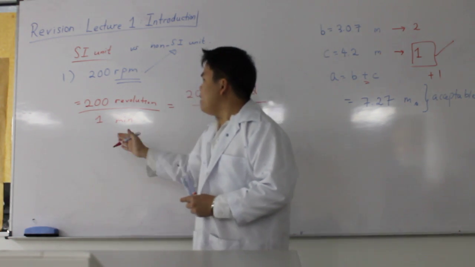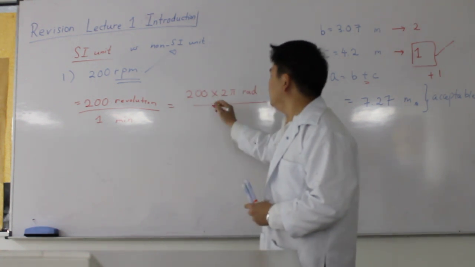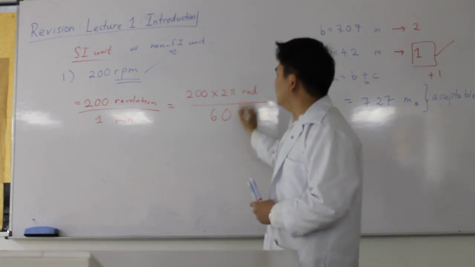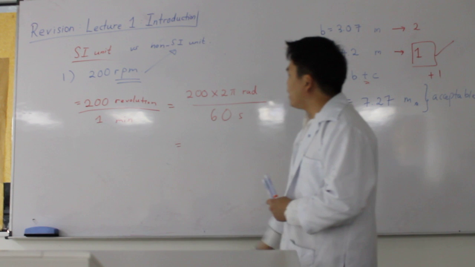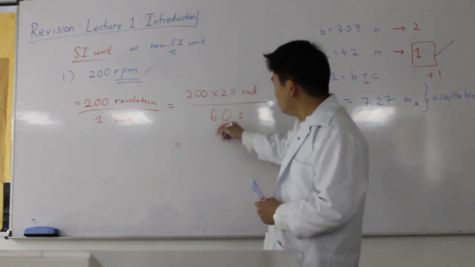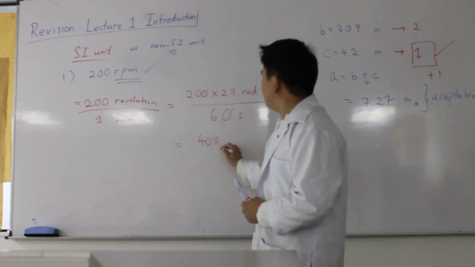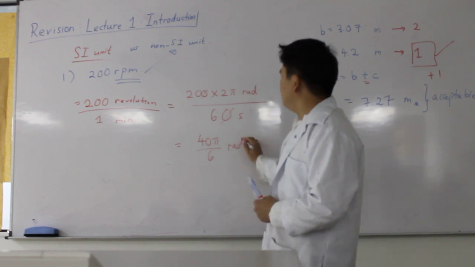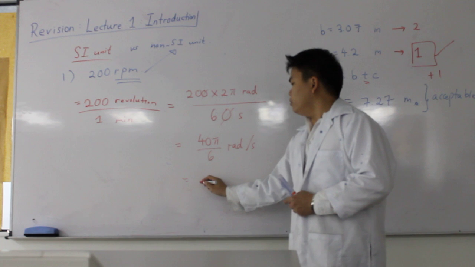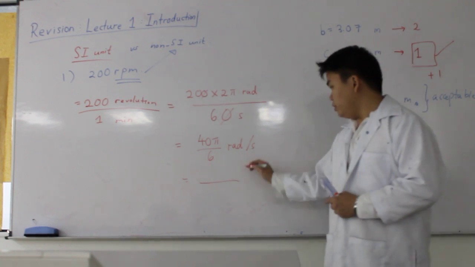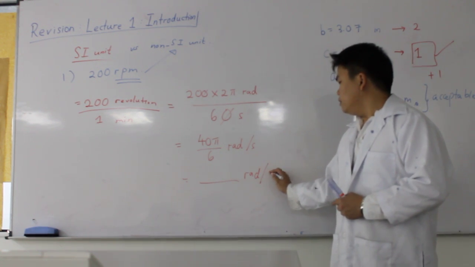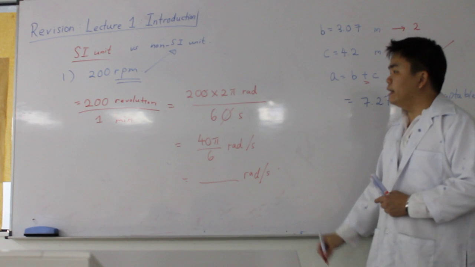On the other hand, 1 minute is 60 seconds. So 0 cancels 0, so it's 40 pi over 6 radian per second. Of course, you can get the final answer in decimal and put it in radian per second.